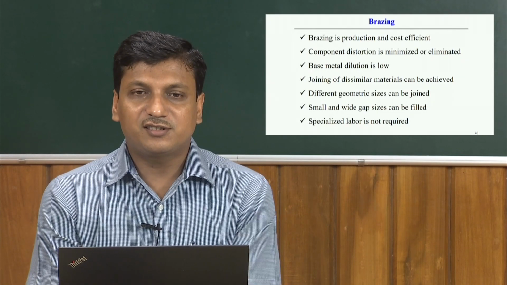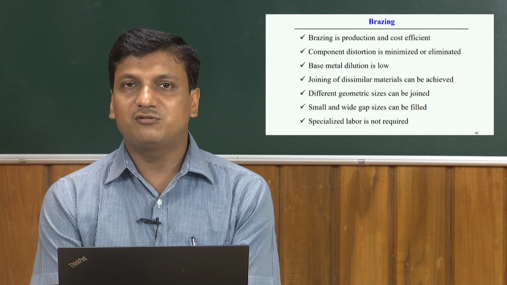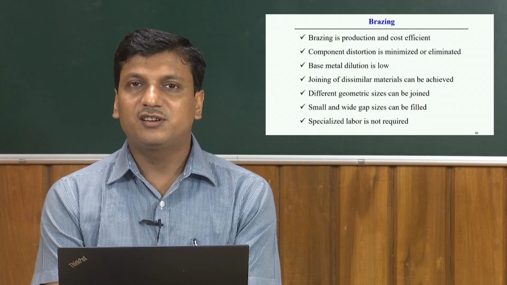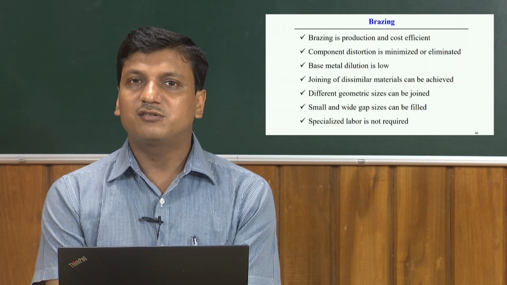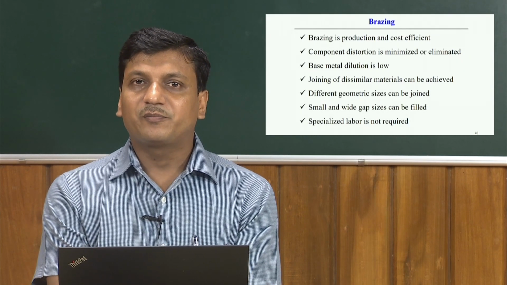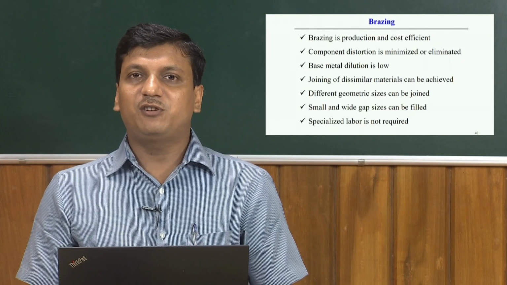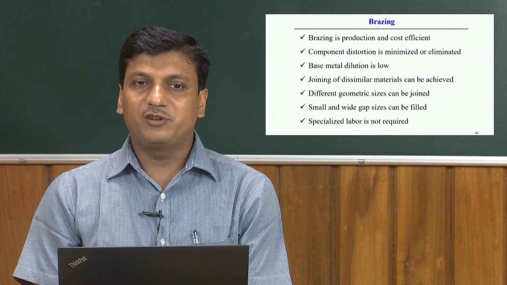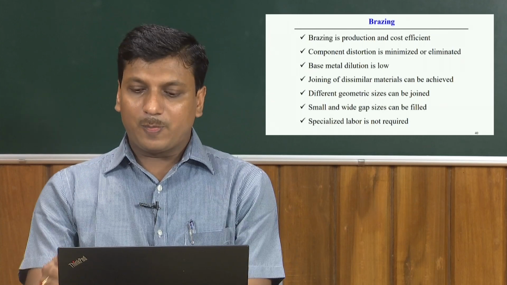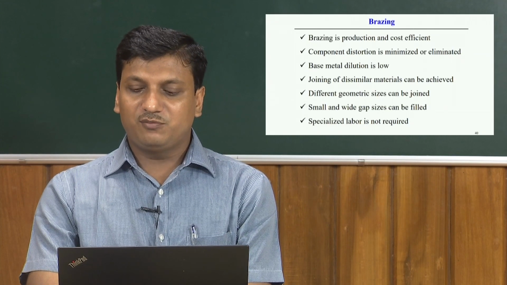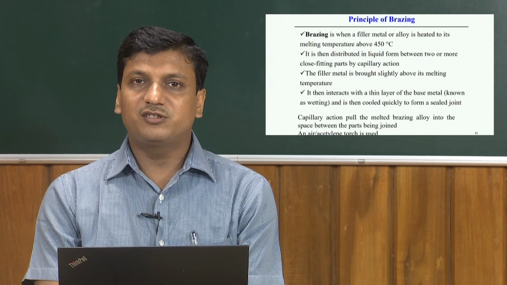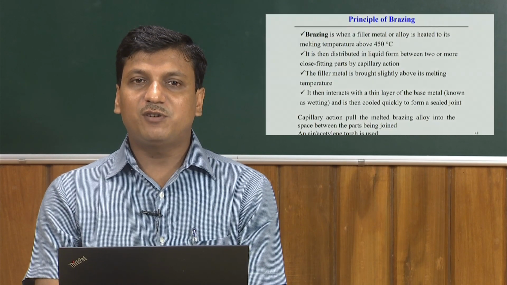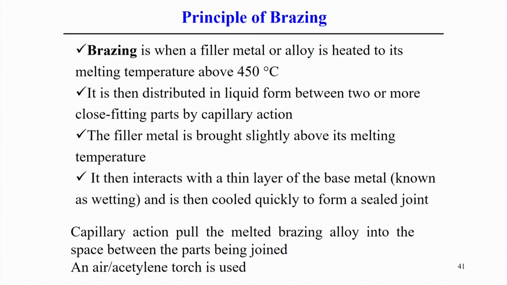And of course, there is no requirement of any specialized labor, because the brazing process can be done or converted to some kind of automated process. So, with these typical advantages of brazing, we can look further into the process. First, we will discuss the principle of the brazing process.